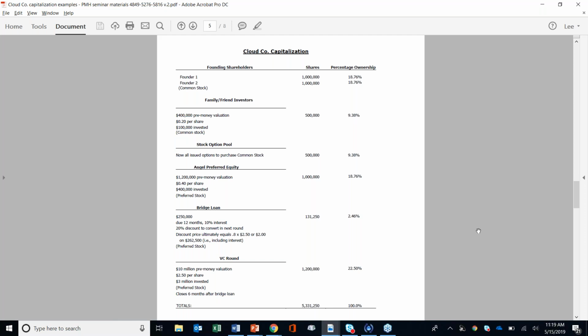I can demand all my money back with interest. As an alternative or a kicker on top of that, I'm entitled to convert into common at a pre-negotiated price. So those are the kind of things that a bridge lender could consider requiring.